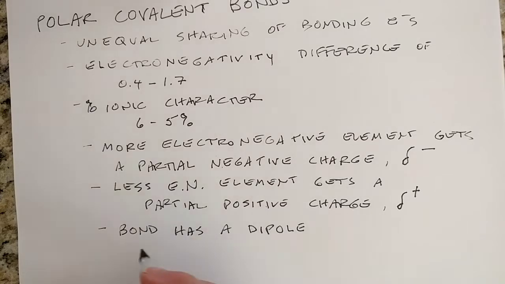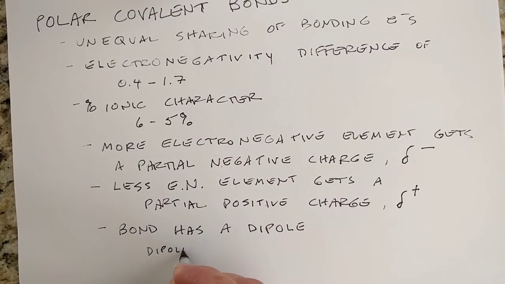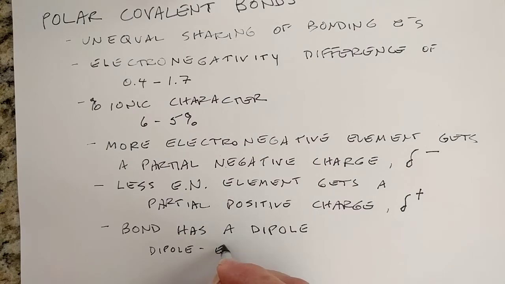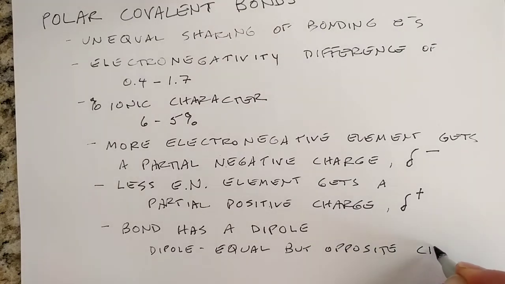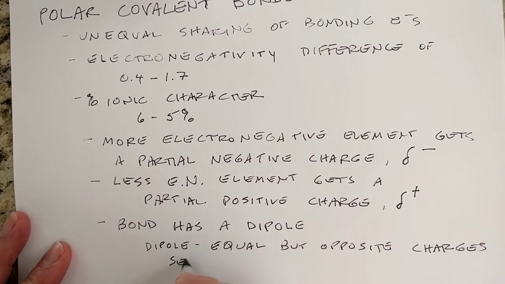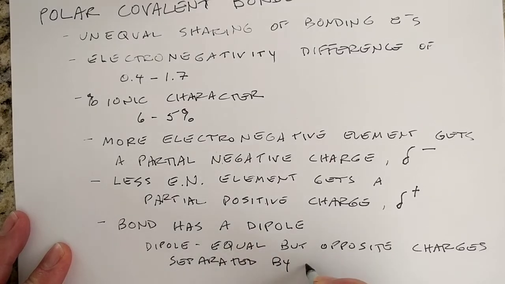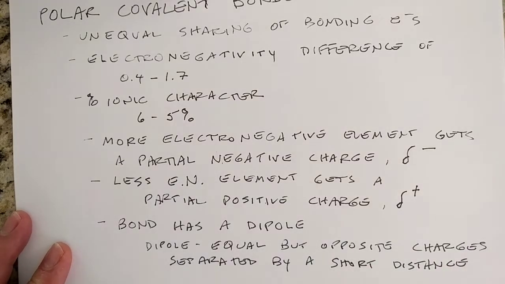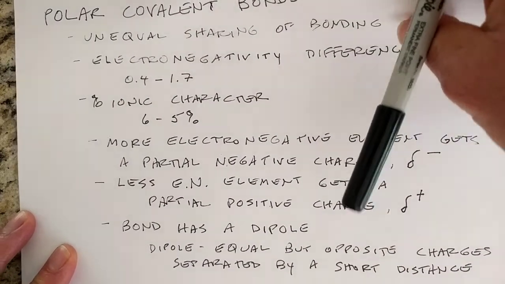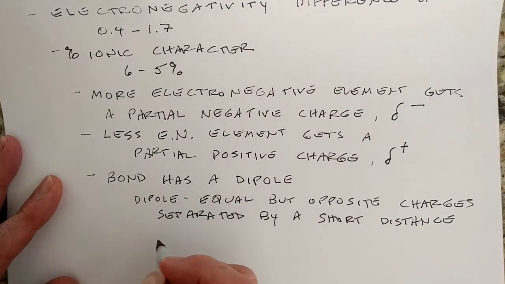So a dipole is when we have equal but opposite charges separated by a short distance, like a bond length distance. And the way that we're going to represent that, we represent a dipole with an arrow.